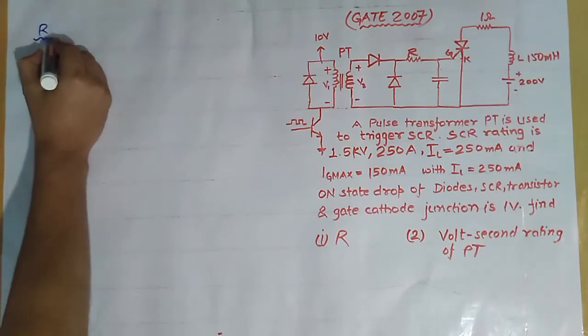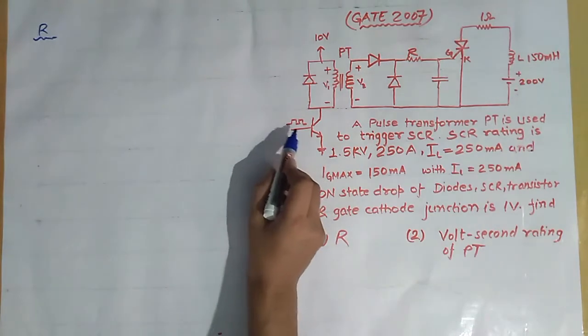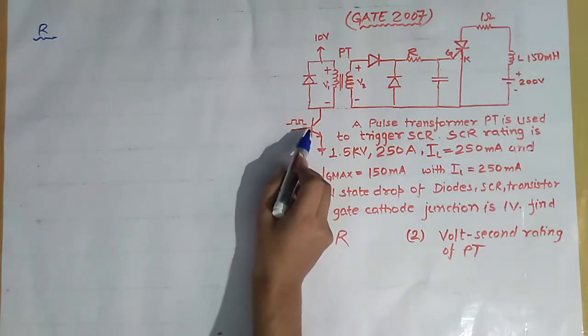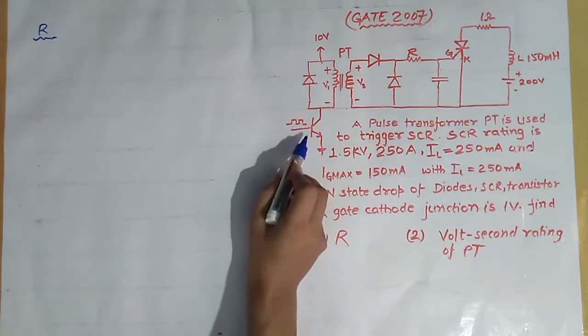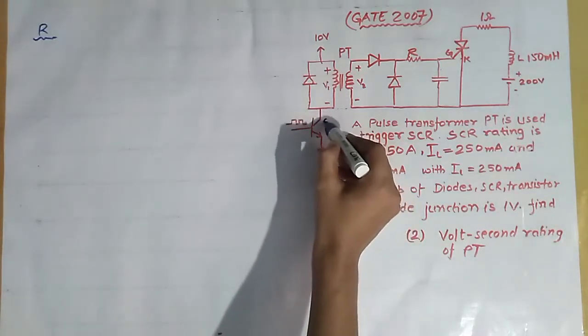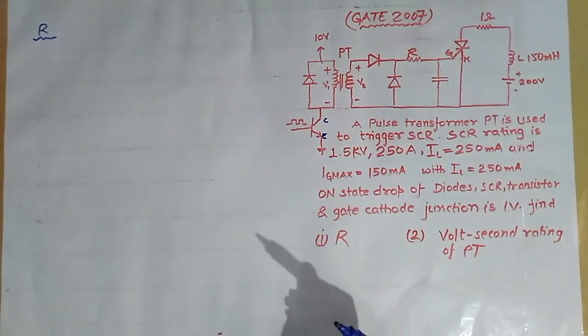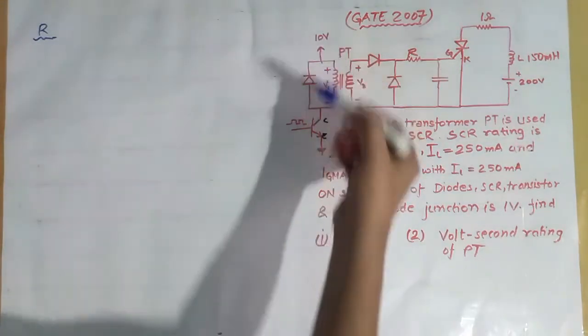We know that when this pulse is applied to the base of this transistor, the transistor gets turned on. And we know that the turn on drop of this transistor is equal to 1 volt. So we have to apply KVL.